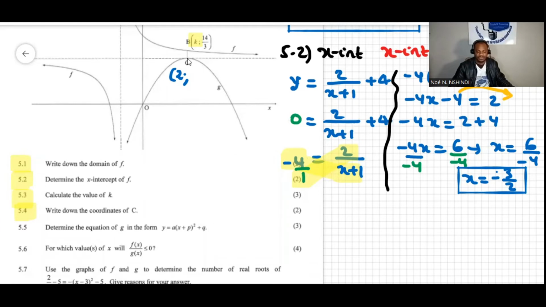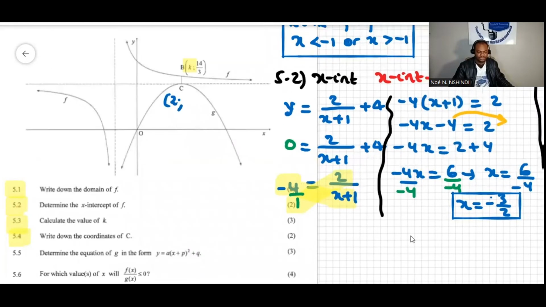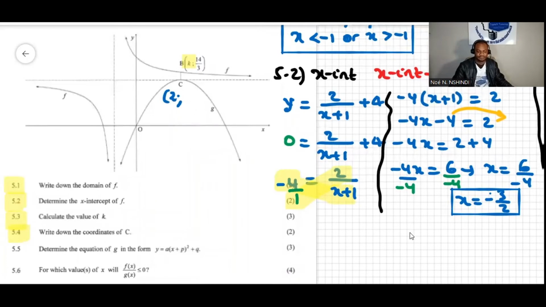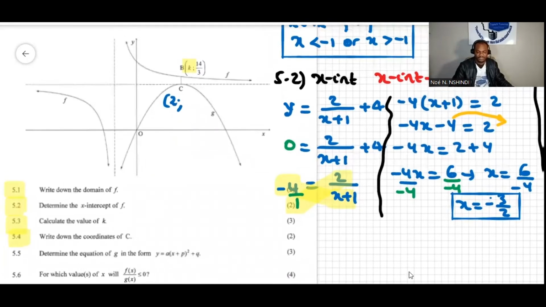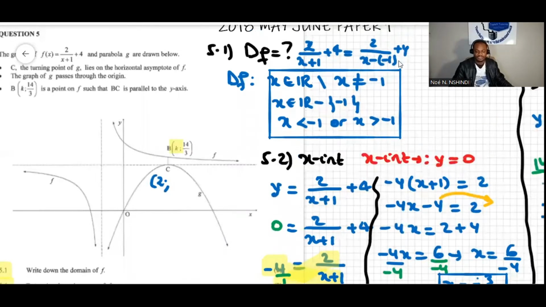Did we find the asymptote earlier? No, we did not, but the asymptote is this value here, 4, the horizontal asymptote. So the coordinate of C will be 2, 4. Because this value 4 there is the horizontal asymptote. So C is the point 2, 4.